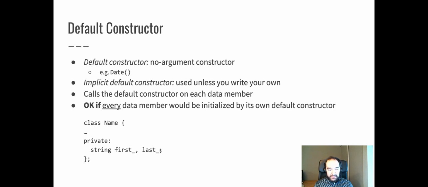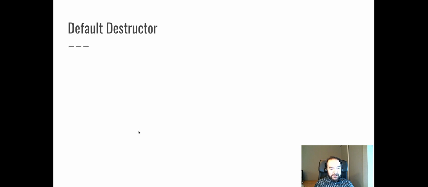The same thing happens for last. So in this case, the default constructor for Name would just create an empty first name and an empty last name. And while that's a little bit nonsensical for most business logic use cases, that would at least be a properly initialized data object. So I think that would be okay in this case. The implicit default constructor would work fine for that case.